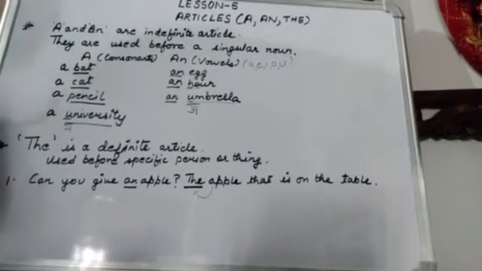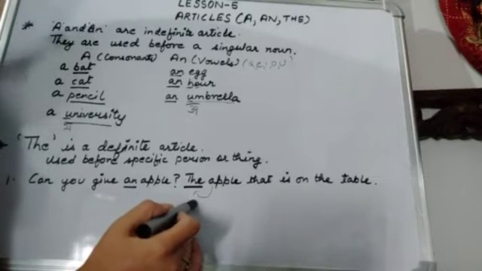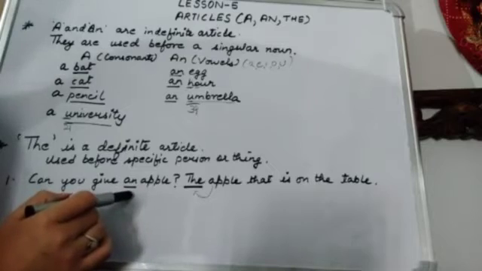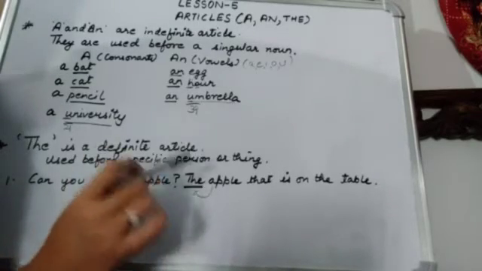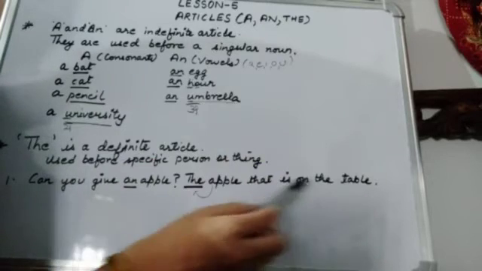Whenever we talk about any person or thing for the second time, at that time we will use the article the. Here I was not specific, so I wrote an, but here I am specific. I am particular about which apple I want, the apple which is on the table, so that's why I have written the.